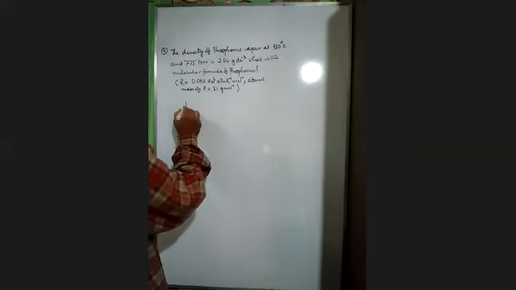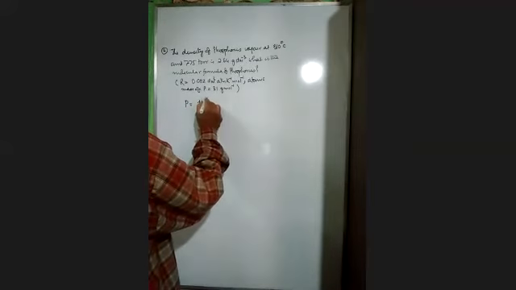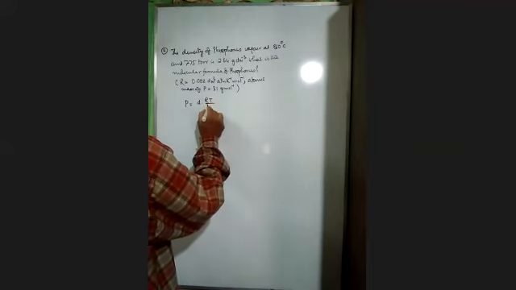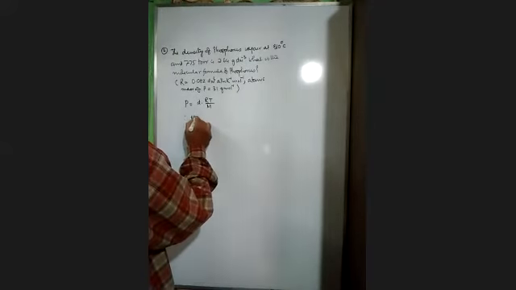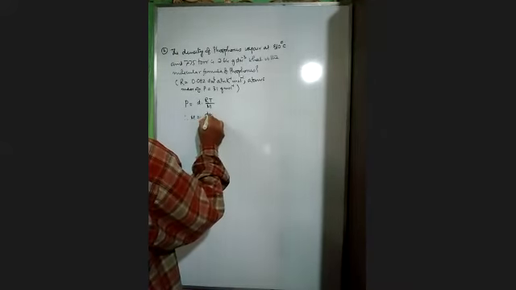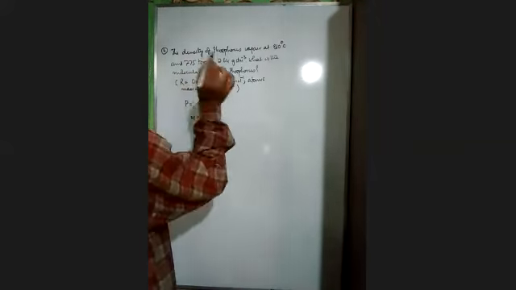See, just now we have done P is equal to D into RT by M. Just now I have shown you the derivation also. So therefore, M is equal to D RT by P. Others you will do it.